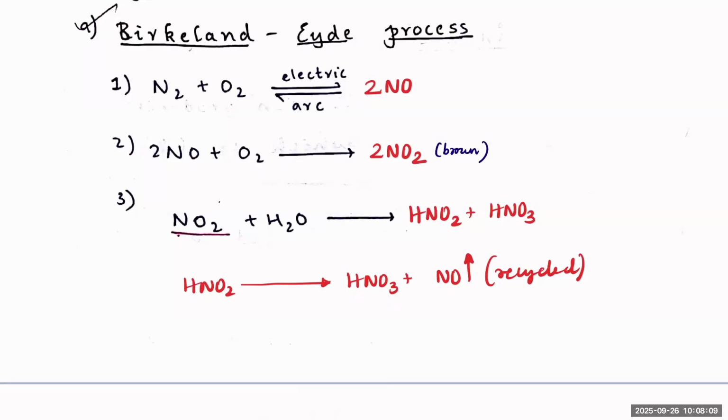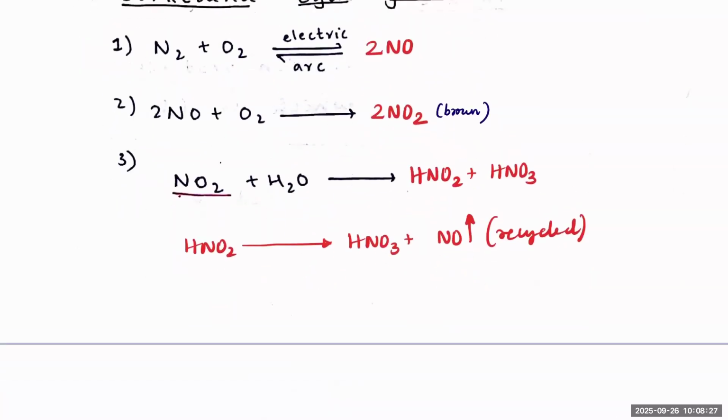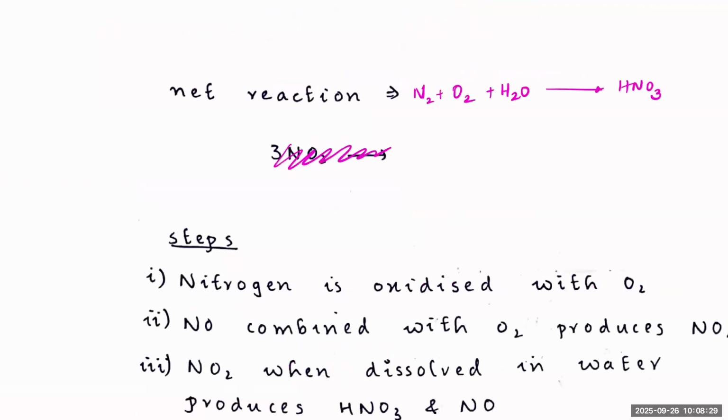And NO gas you recycle back into the second step here, so it keeps converting into HNO3. Eventually you'll have a high concentration of HNO3 in the solution. This is the Birkeland-Eyde process.